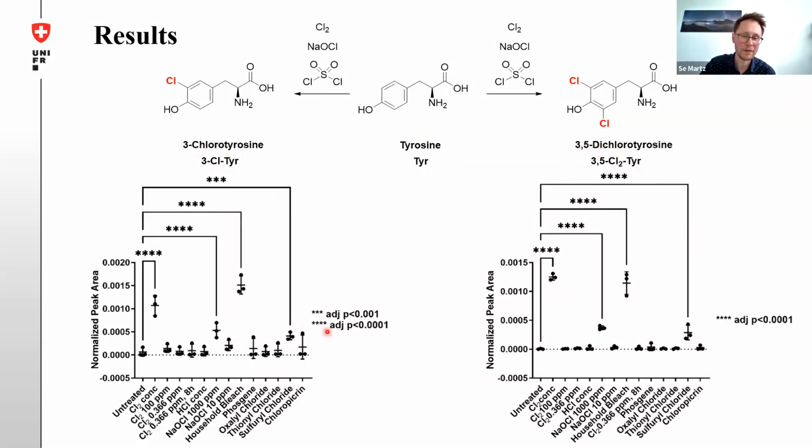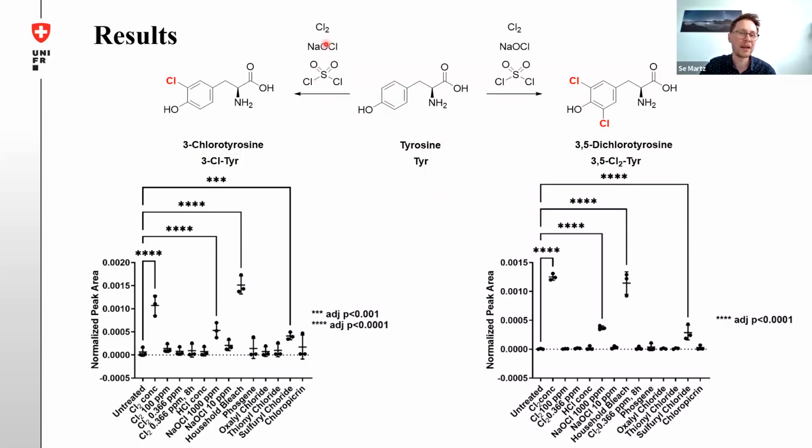And these graphs below show that we could find these chemicals in significant amounts in the samples of chlorine, sodium hypochlorite, and sulfur chloride.